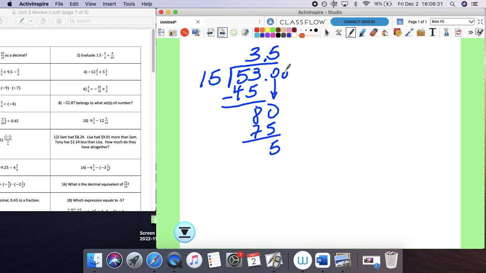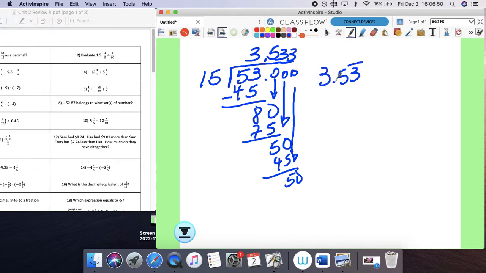Another 0 right here. 50. 45. Okay, so we notice that the 3 is going to repeat, right? So it's going to be 3.5333 forever. If this is a multiple choice, make sure you select this one, okay?